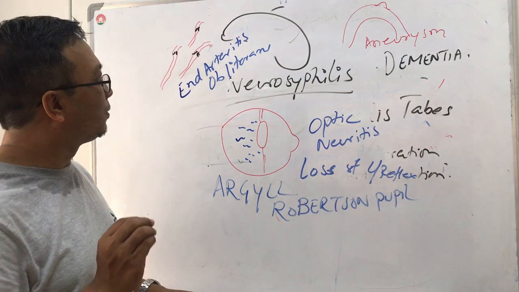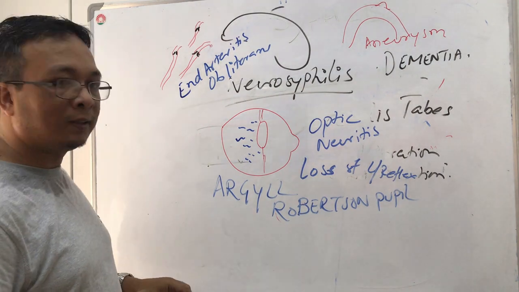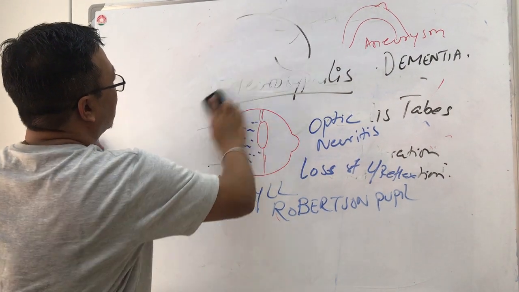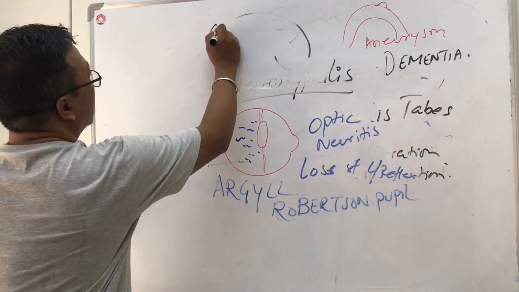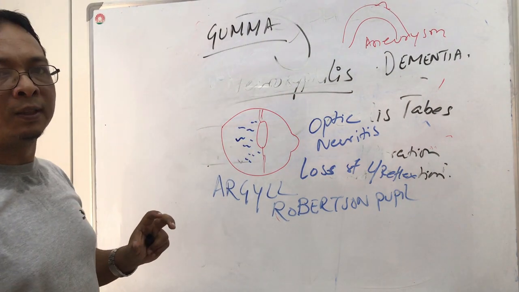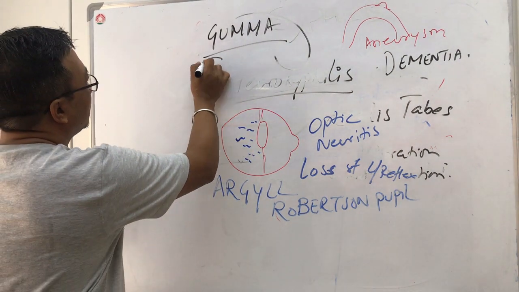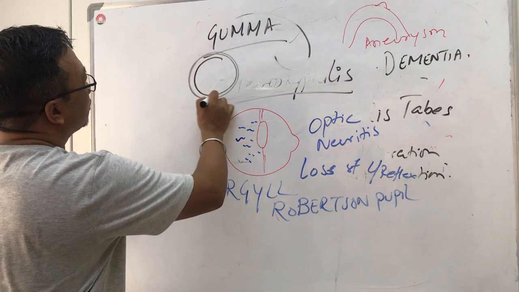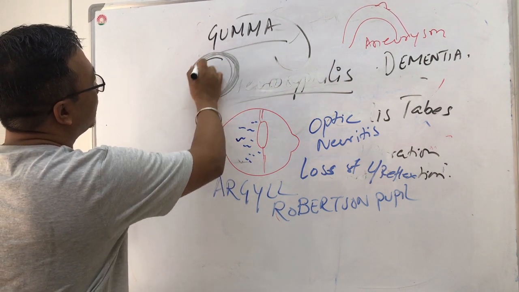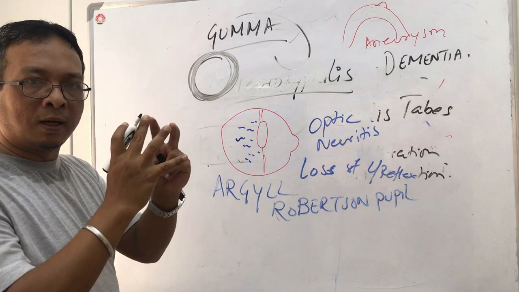There's one more thing found in the tertiary stage, which is gumma. When a gumma is formed, there are lots and lots of immune cells making a round body.